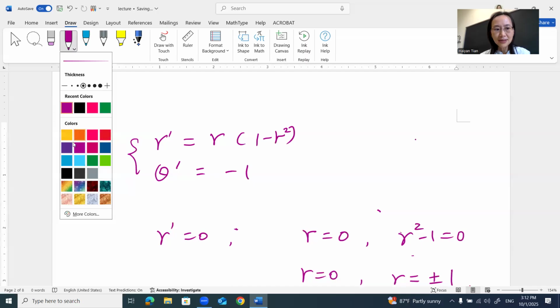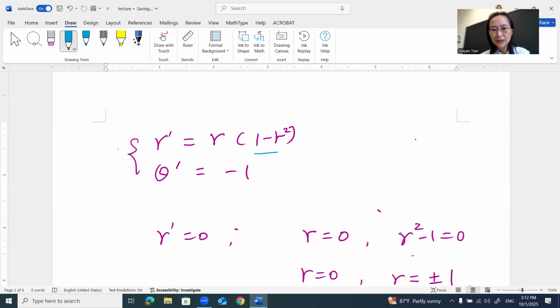r is less than 1. So if r is less than 1, this part 1 minus r squared is positive, and times r, which is also positive, then the derivative is positive. That means r is increasing.